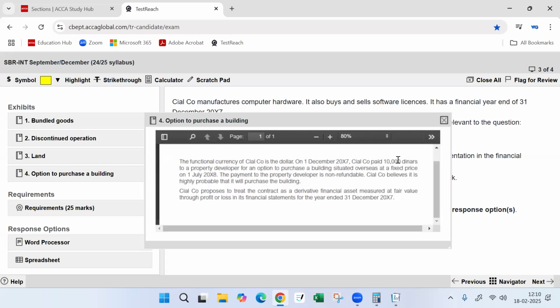Because first and foremost, this amount is non-refundable, so it doesn't get converted into monetary value. It's a non-monetary item. Hence it is not retranslated at the reporting date. But when you enter into this transaction on 1st December, the 10,000 should be converted to the functional currency at the exchange rate at the purchase date, correct? But it will not be retranslated as per IAS 21 exchange rates. Is it clear? Understood the concept? Right? Yeah.